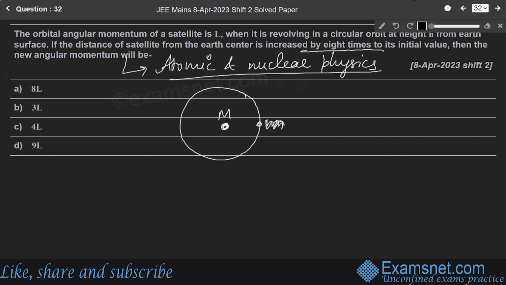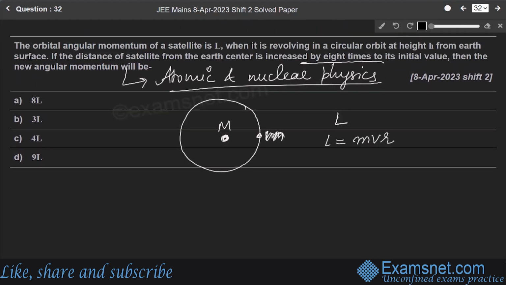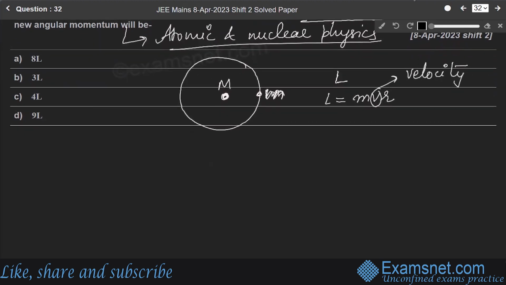Now its orbital angular momentum is L. We know that the orbital angular momentum L is equal to mvr, and v is the orbital velocity, which is equal to under root of GM upon r.